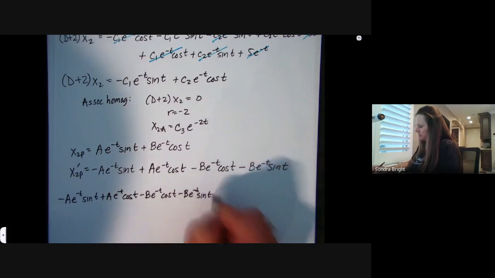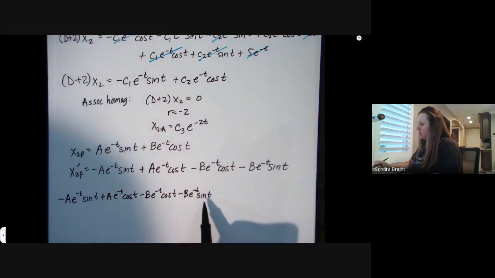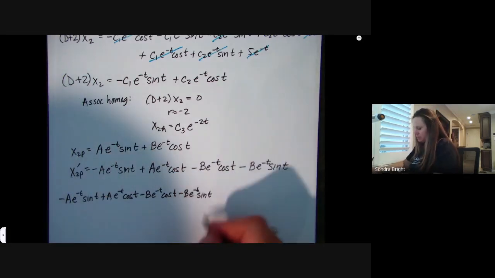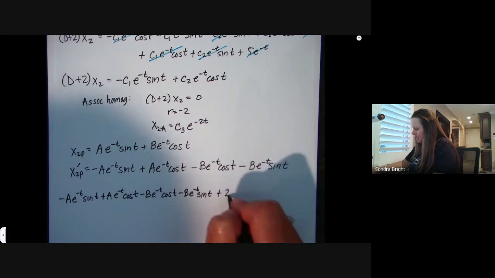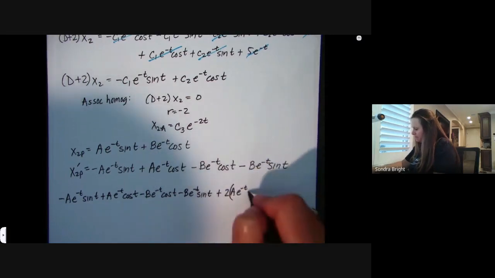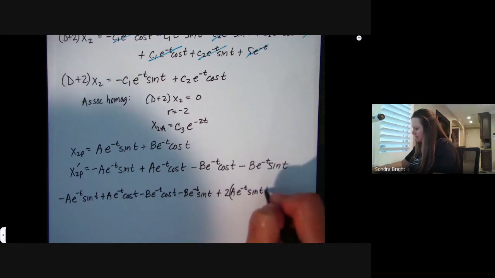Yeah, that was the first derivative on x2. And then plus 2 times this guy. So plus 2 times a e to the negative t sine of t plus b times e to the negative t cosine of t.